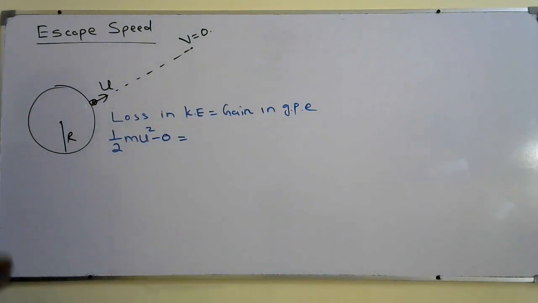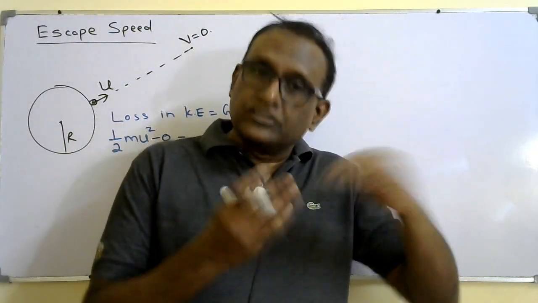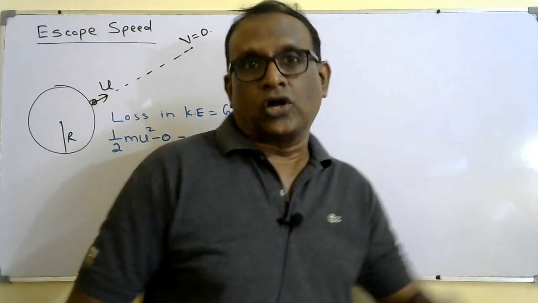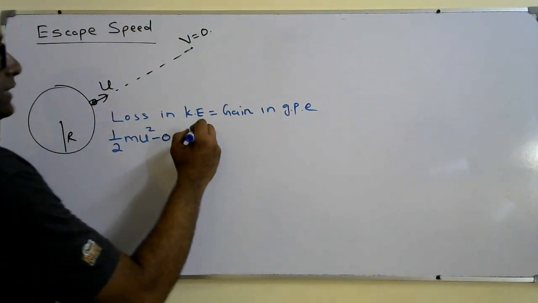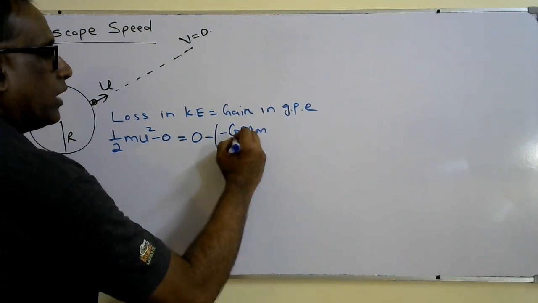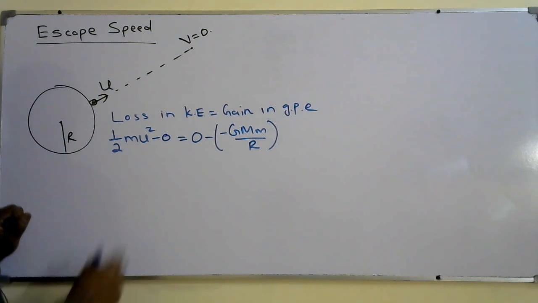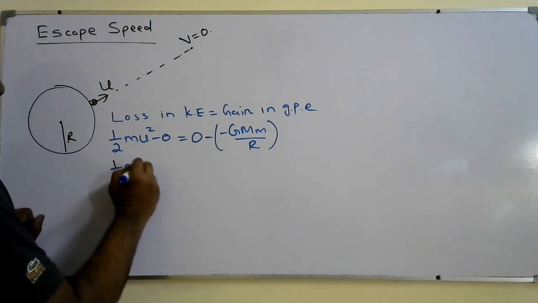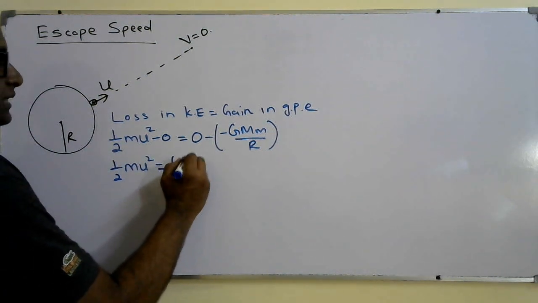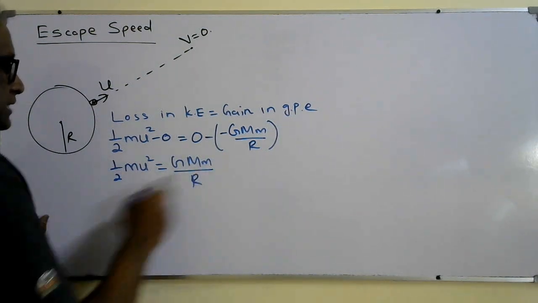So 0 minus GMm over r, the initial gravitational potential energy on the surface of the planet. So half mu squared is equal to GMm over r. m gets cancelled, so u squared equals 2GM over r, where M is the mass of the planet.